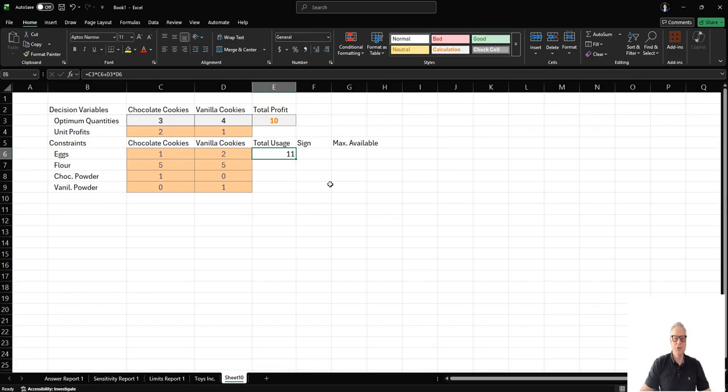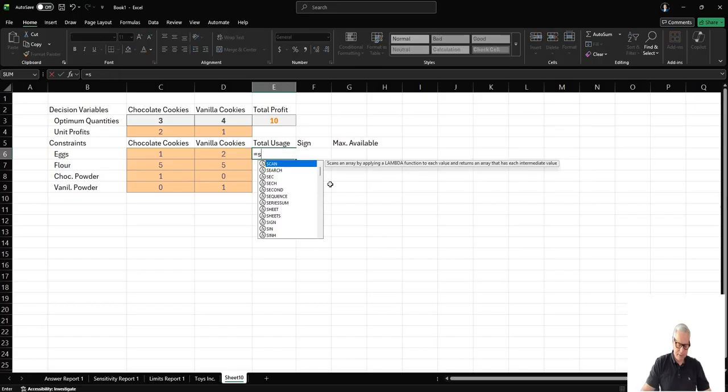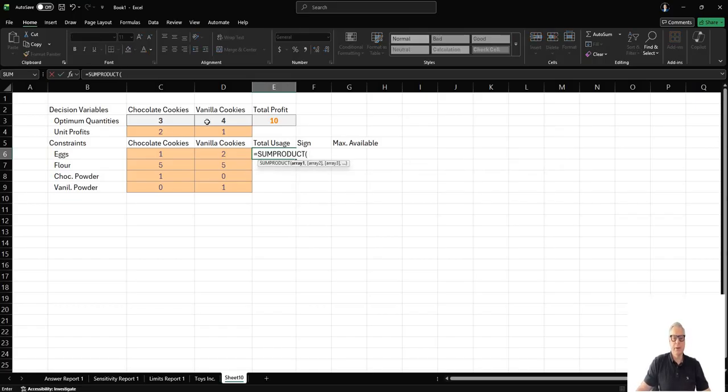and there is something which is called sum product. So you see we had here 11, and if we do sum product, and we have here that array, and highlight the second array here, then what happens is it takes the sum of the product of this times this, 3 times 1 plus 4 times 2.